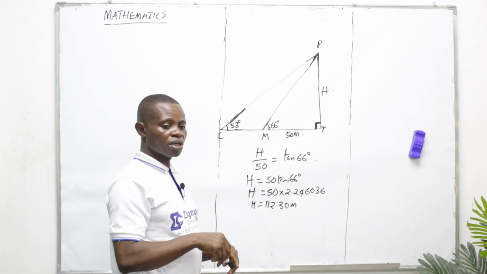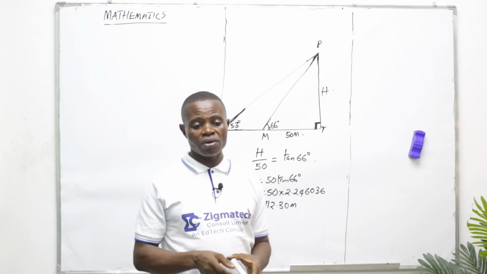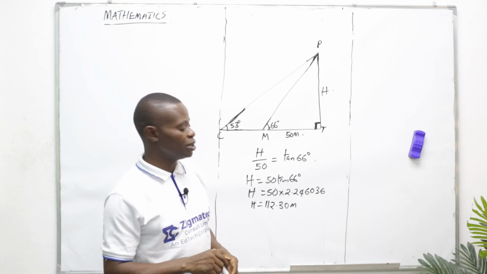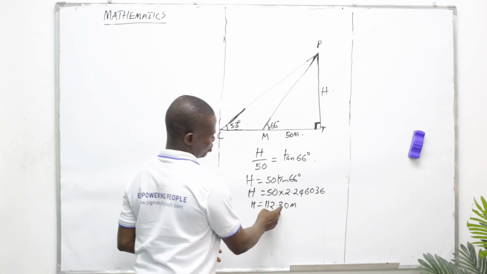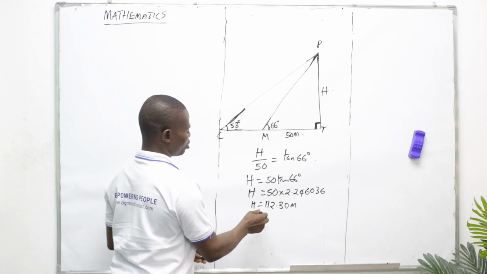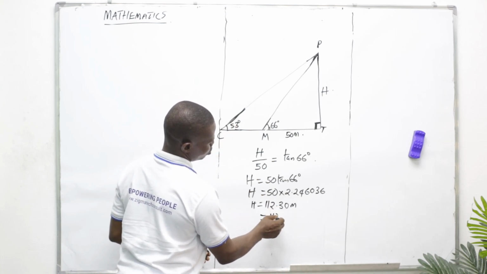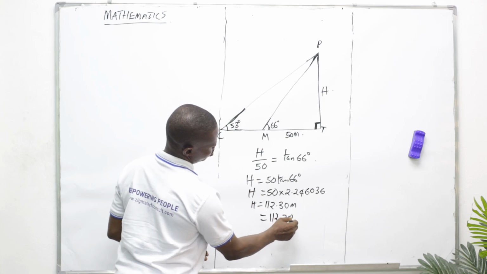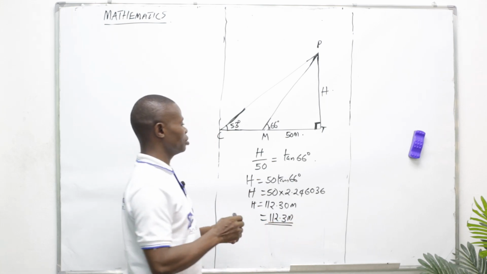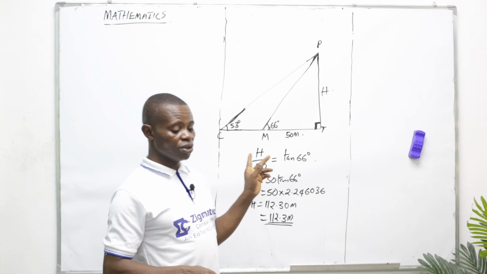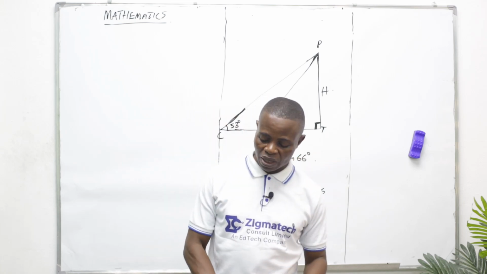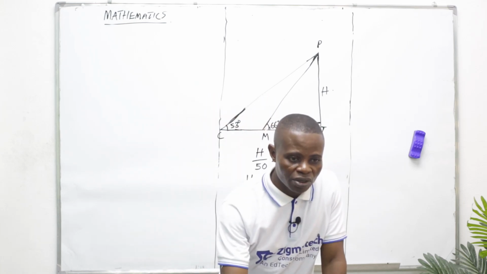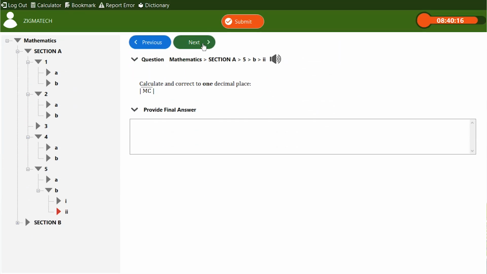The instruction says calculate correct to 1 decimal place. Count 1. Can this approximate? No. 112.3 meters. This is the solution for the height of the building. This is part I of the question, correct to 1 decimal point.